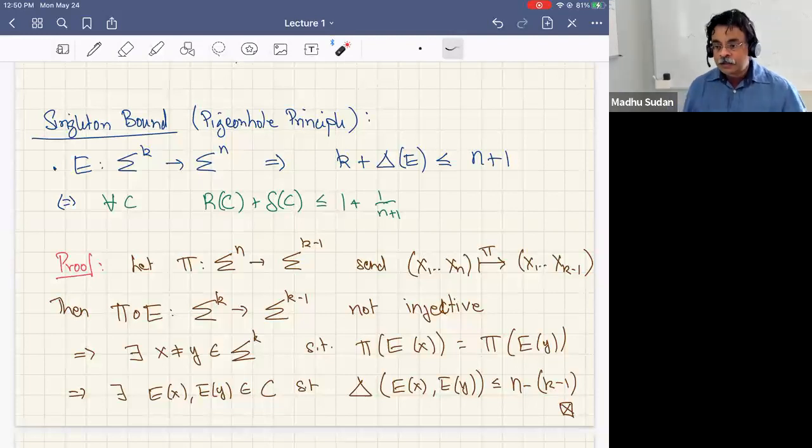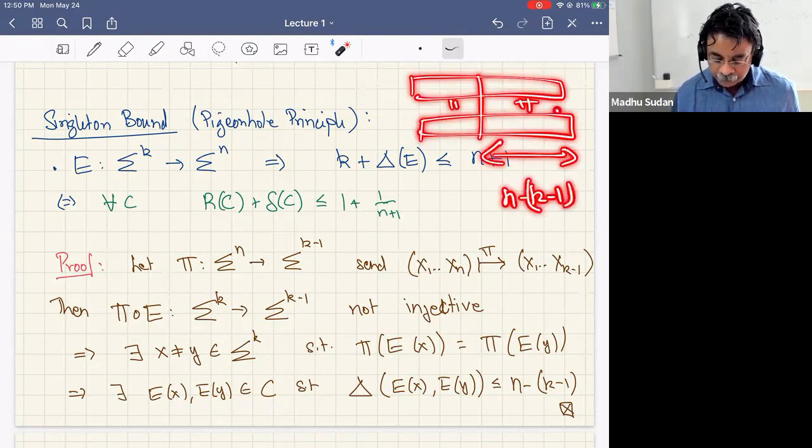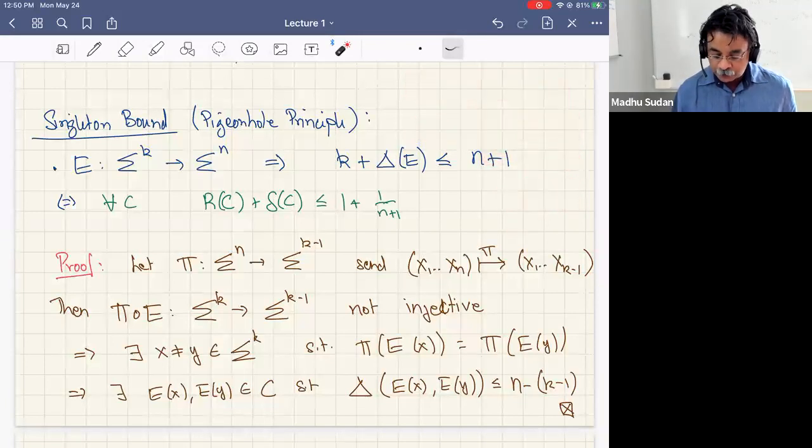Okay. So where can x and y disagree in their encoding? Well, these parts are equal. So this is where they are not equal. And how many coordinates do we have here? It's n minus (k minus 1). Okay. That's this proof. That's this bound. Okay. So obviously it's completely trivial.